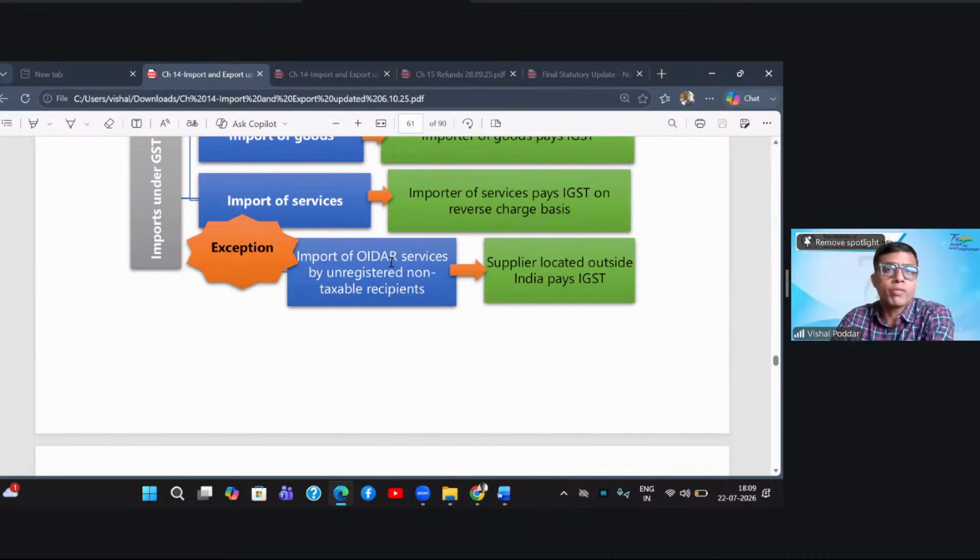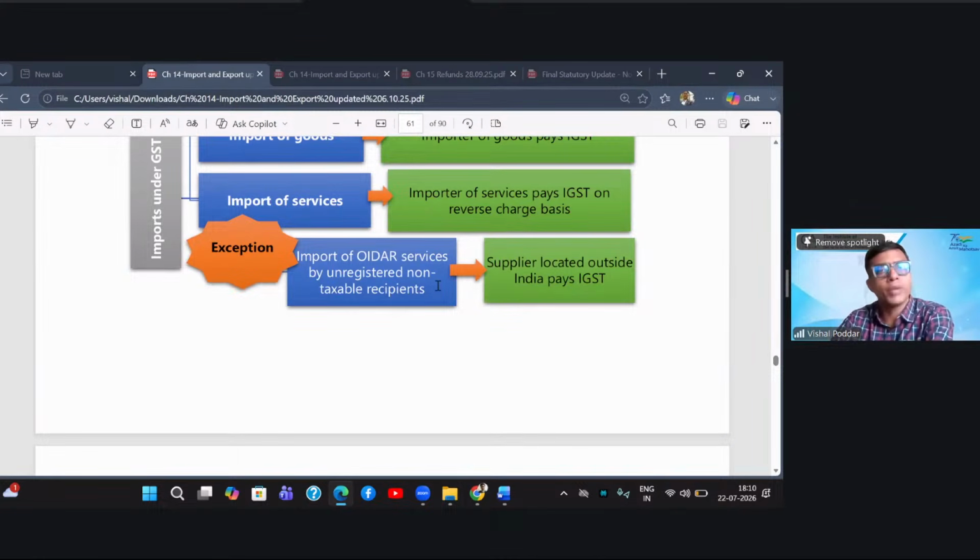Now here there is an exception. If there is import of OIDAR services by an unregistered non-taxable recipient, so let us say you or me are taking a subscription of Netflix or any such online subscriptions where the supplier is outside, in that particular case, the tax would be payable by the supplier himself. This is only when you and me, who are unregistered non-taxable recipients under the GST law, are taking import of OIDAR services.